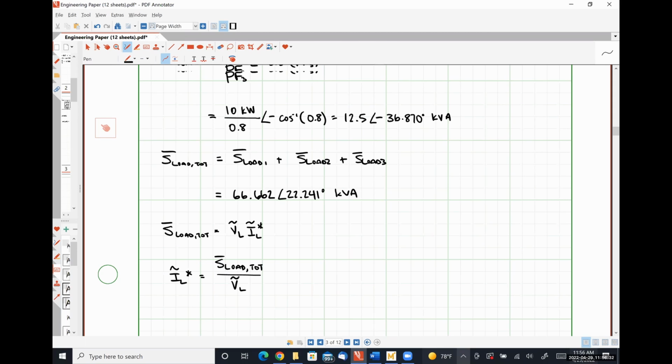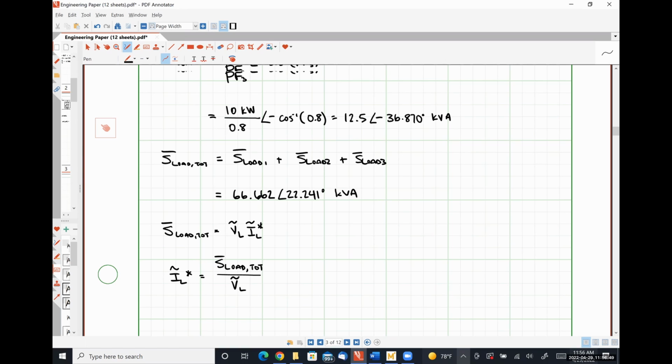Well, I want to get rid of this conjugate sign. So I'm going to take the conjugate of both sides. Because if I conjugate something, I'm changing the sign on the imaginary part. So if I conjugate something twice, I'm just going back to the original value.